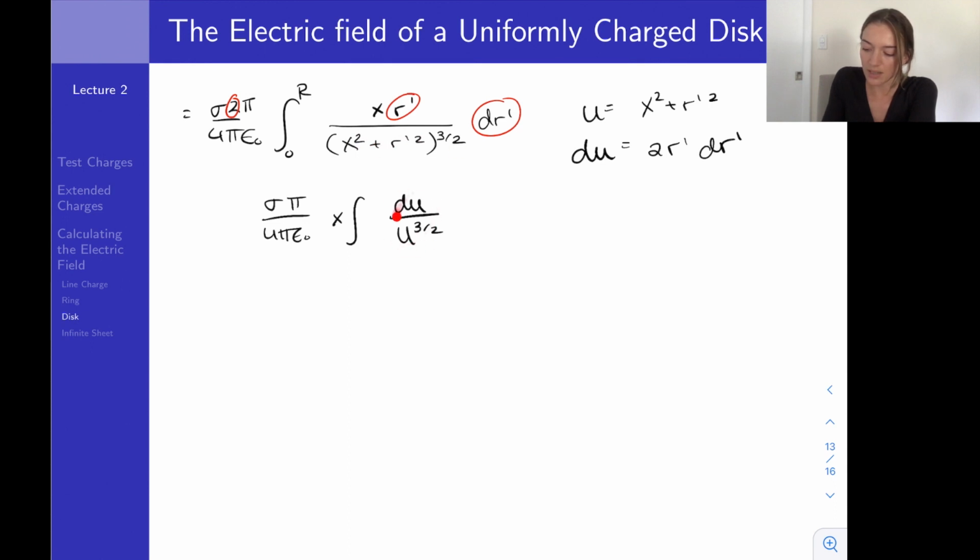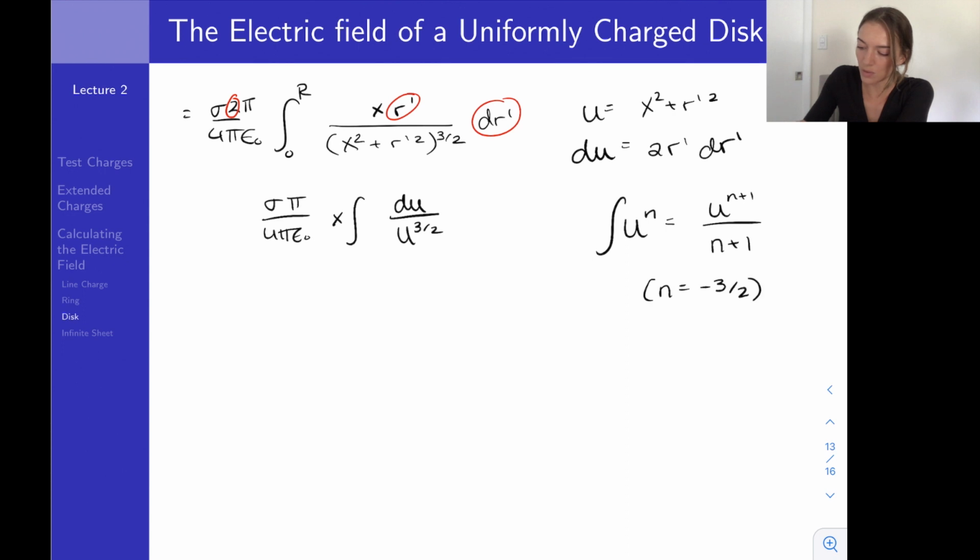Now, to integrate du over u to the 3/2, you can use the power rule for integrals, which, in case any of you forget how to integrate anything with a power, just looks like this, where in our case, n is equal to negative 3/2, right? Because whenever you have something with a power at the bottom, it's just a negative.